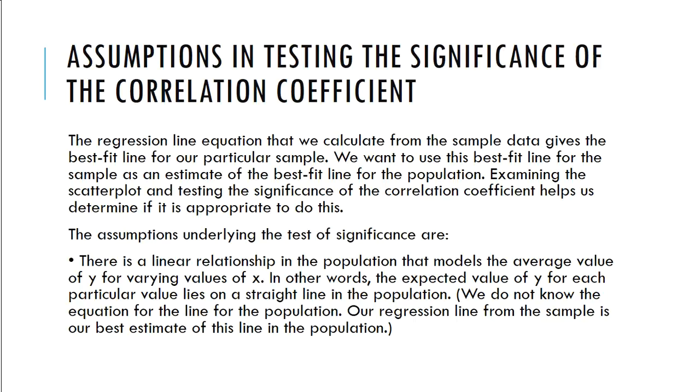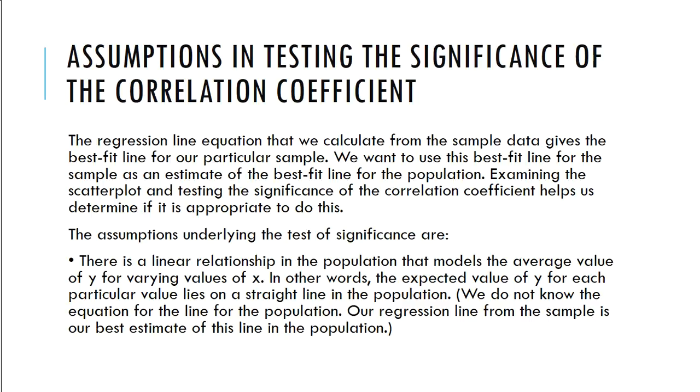The regression line equation that we calculate from the sample data gives us the best fit line for our particular sample. We want to use this best fit line for the sample as an estimate of the best fit line for the population. Examining the scatter plot and testing the significance of the correlation coefficient helps us determine if we can use it. The assumptions underlying the test of significance are: there is a linear relationship in the population that models the average value of Y for varying values of X. In other words, the expected value of Y for each value lies on the straight line in the population.